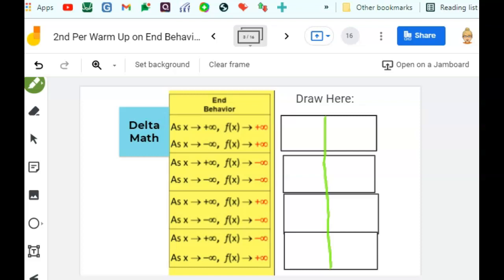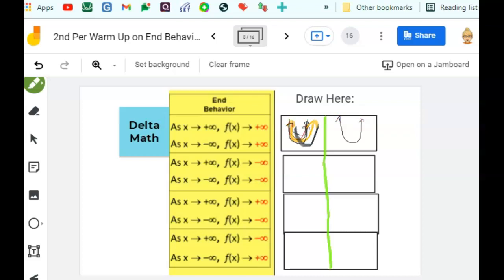X approaches infinity would be right and up, yes? And then left and up. So I need a couple drawings where both ends are up. And then pick a different one. Okay, that looks good. We have lots of the same idea.